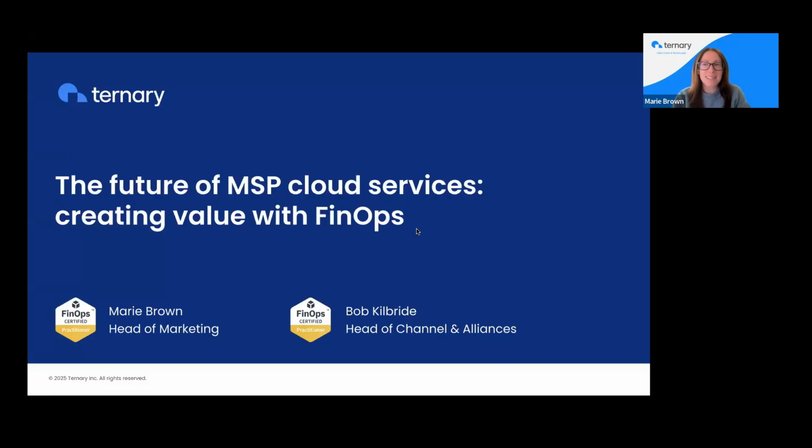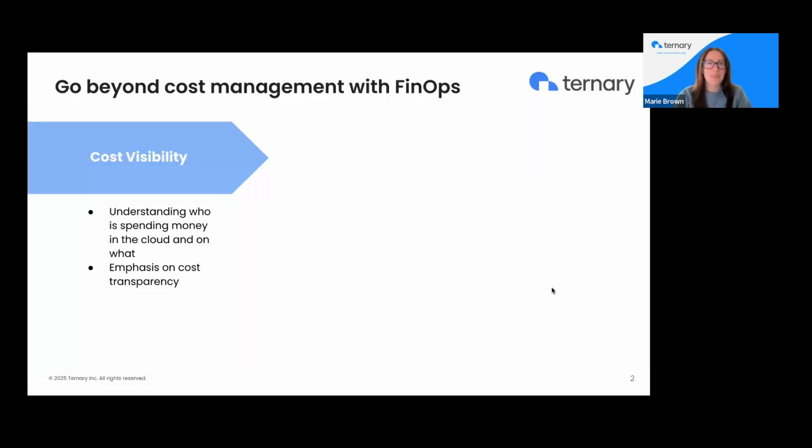So today's topic is the future of MSP cloud services, creating value with FinOps. I'd like to start with breaking down the nuances between cost visibility, cost management, and FinOps. Oftentimes, these practices are used interchangeably, and you may also hear a flavor of cost management optimization, cloud cost optimization.